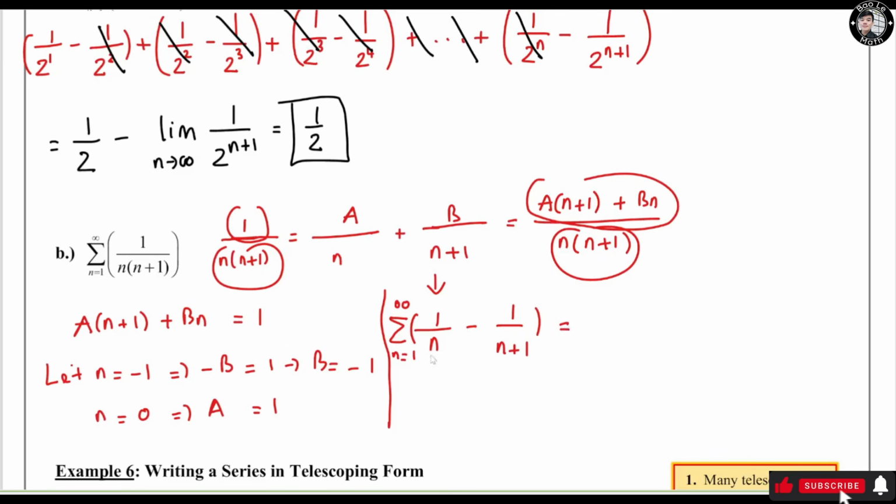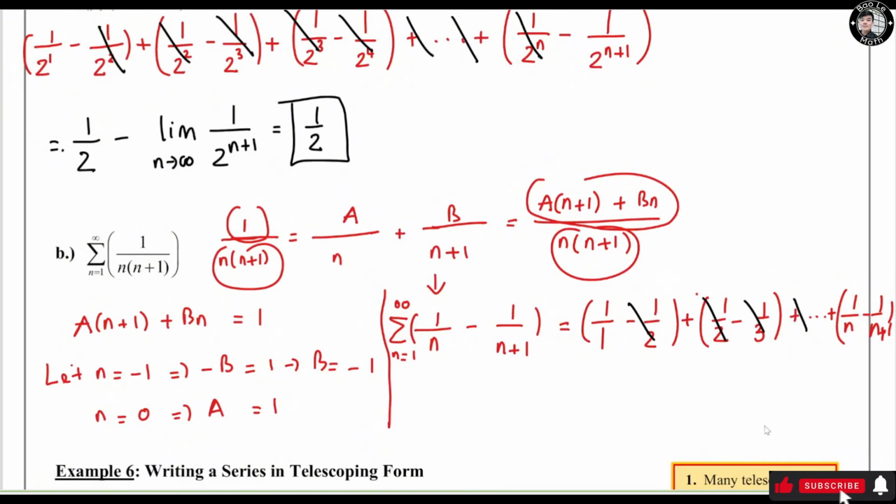So if n equals 1, we have 1 over 1 minus 1 over 2. n equals 2, we have 1 over 2 minus 1 over 3, right? Plus, etc. Plus, until the last one, 1 over n minus 1 over n plus 1, right? This guy cancels out. This guy and this guy cancel out.